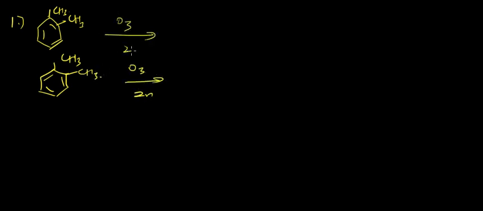So we are drawing all the possible structures of the ozonolysis. So one would be this, and these will be twice in number, plus this one, and this would also be twice in number.